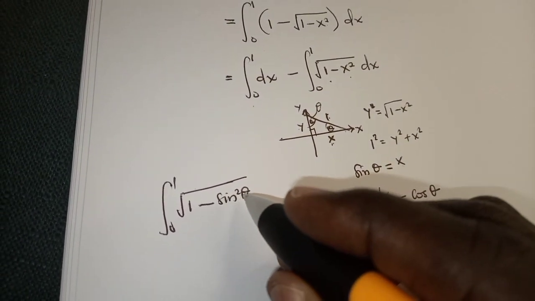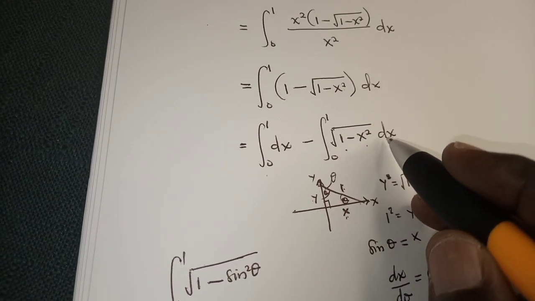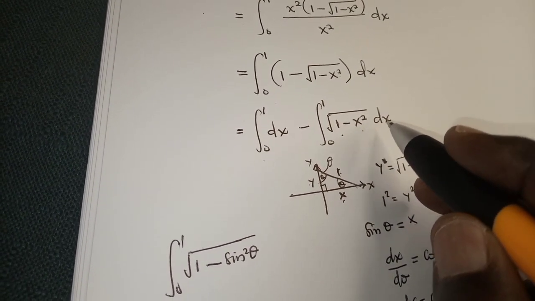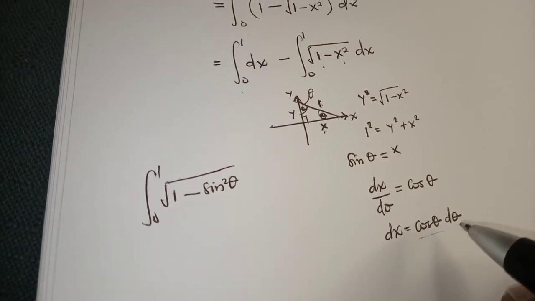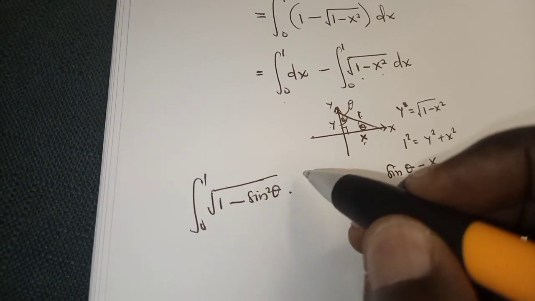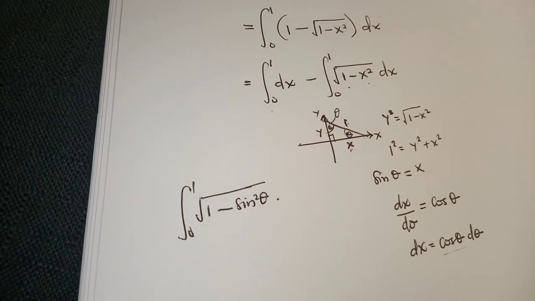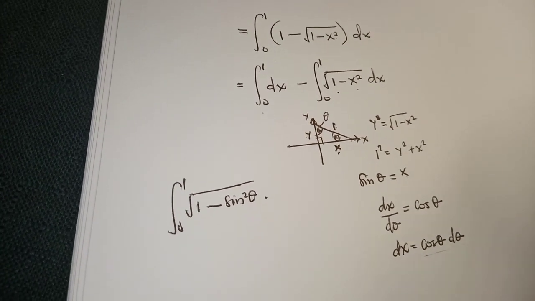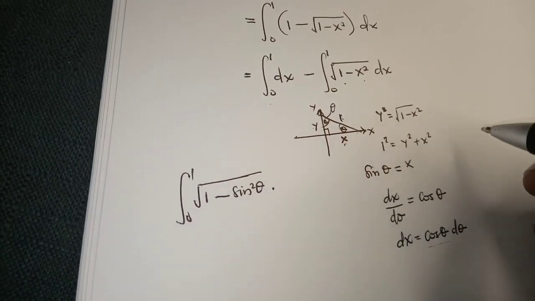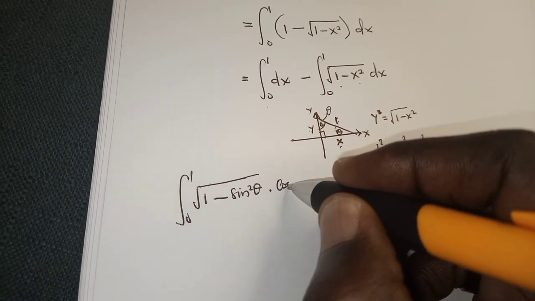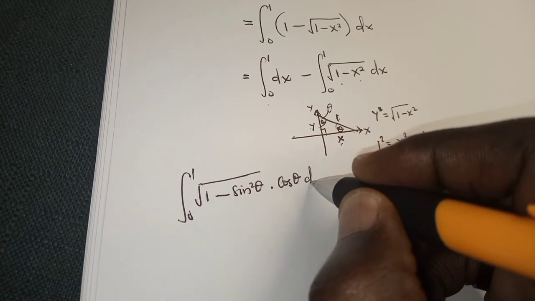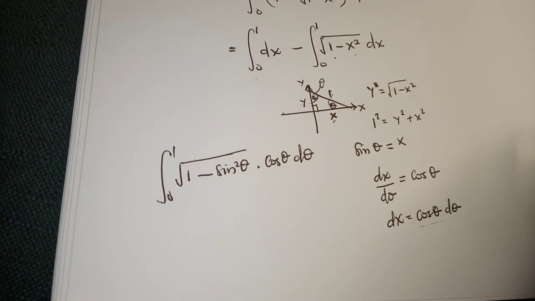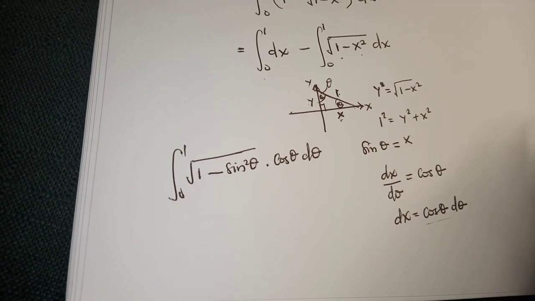So we put that into this, and we'll be having cos theta d theta. Okay, perfect.